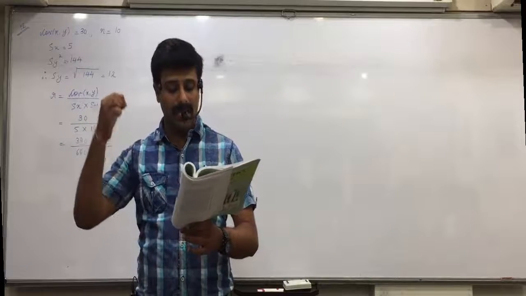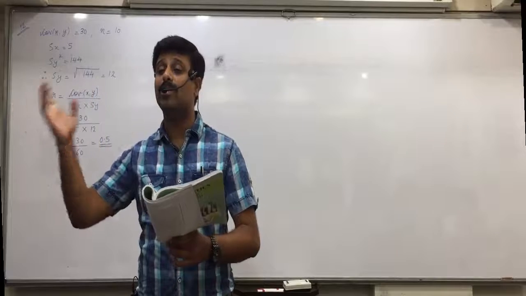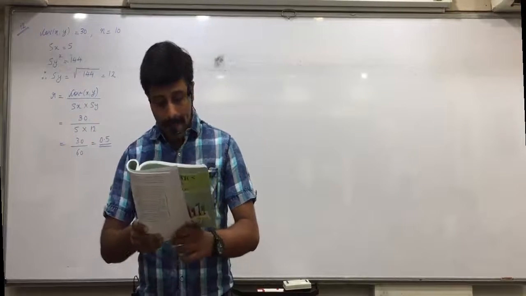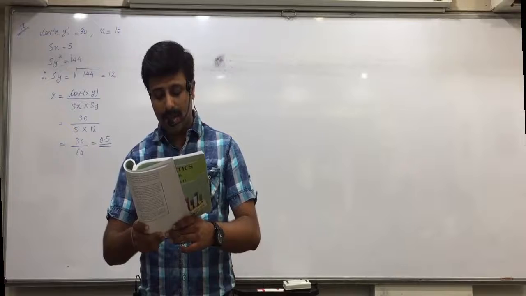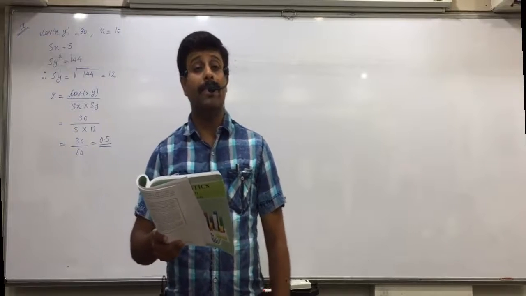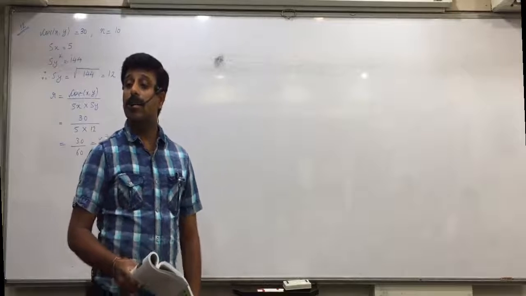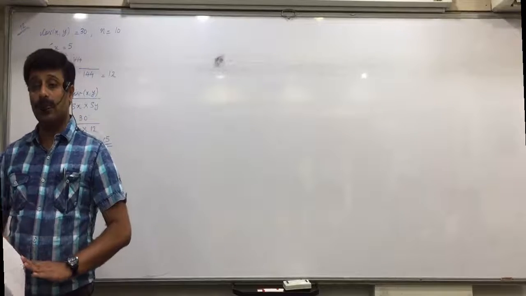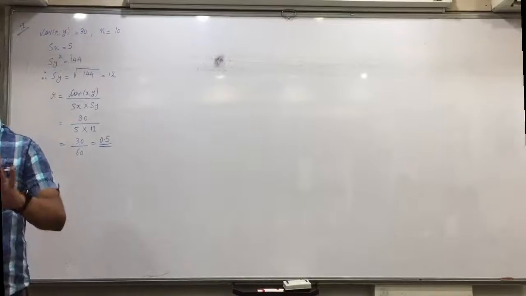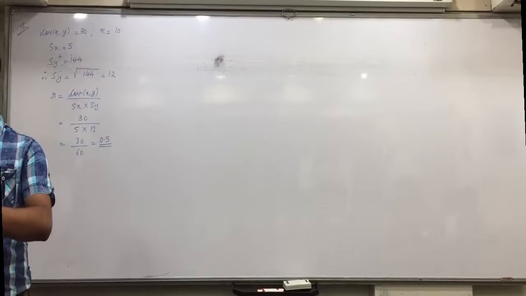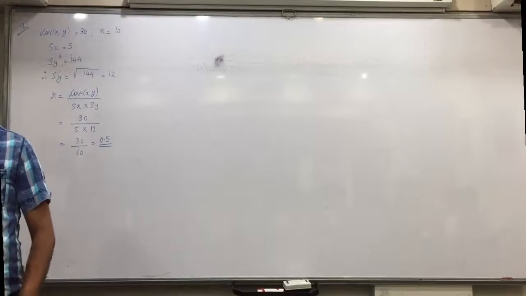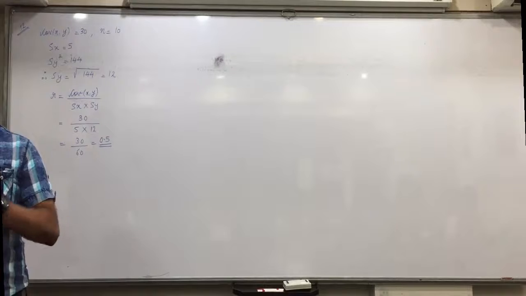And sigma x square, y square, xy, all the values are wrong. Find the correlation coefficient by excluding this pair of observation. So what we are supposed to do in this question is, first we have to find the correct values of all of them.